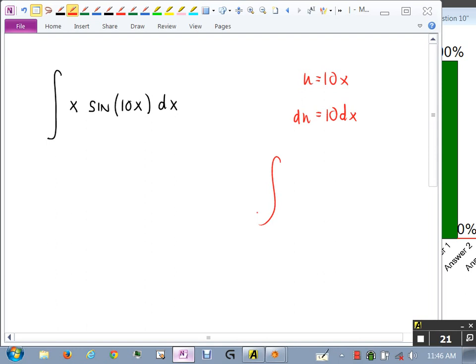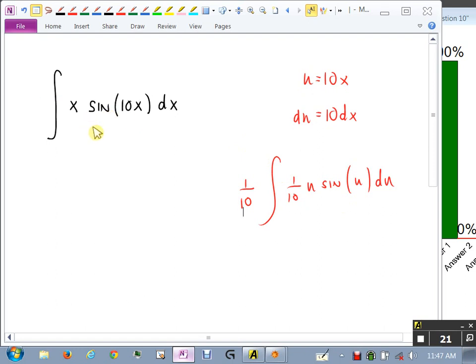Your new integral would become... okay, so what happened here was I let u be 10x. The derivative of that is just 10 dx. I solve for dx, so I divide both sides by 10. That's going to give me a 1/10 that's going to come out. I need to replace this x with something. So I solve this for x. I get 1/10 u. That's here. I replace the 10x in here with u. I get sine u. What's the problem with this integral?